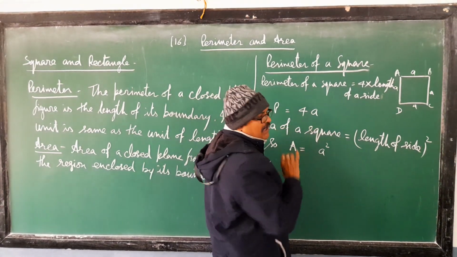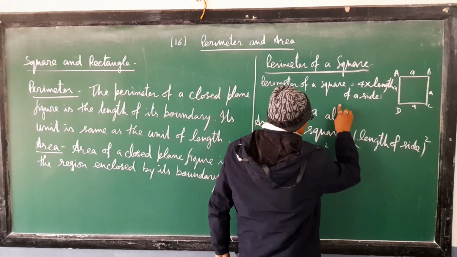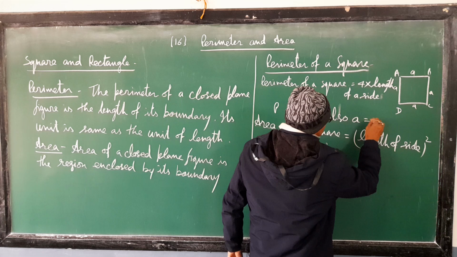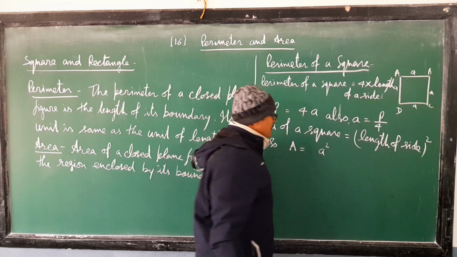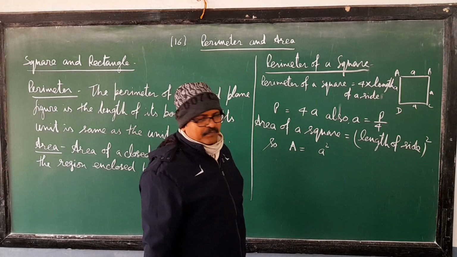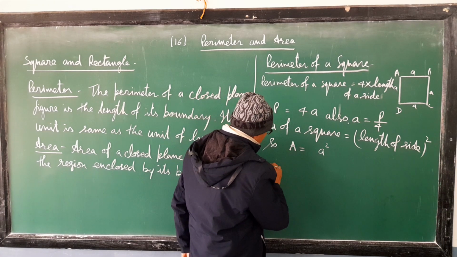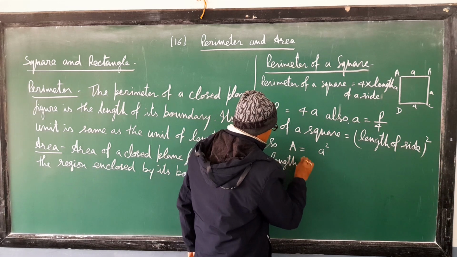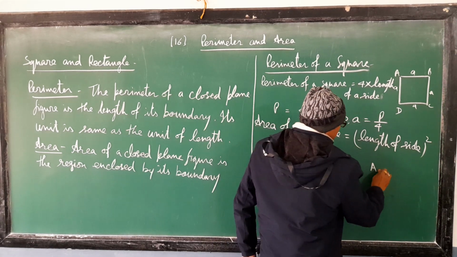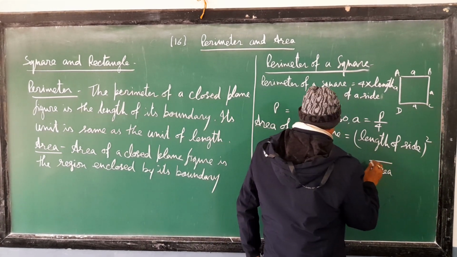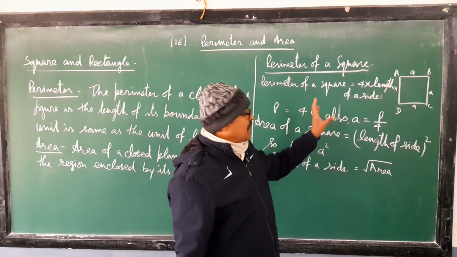And if the perimeter is given and you have to find the length of one side, then you will use the formula a is equal to perimeter upon 4. Similarly, if area is given, then the side is the square root of area. These are the formulas for square.